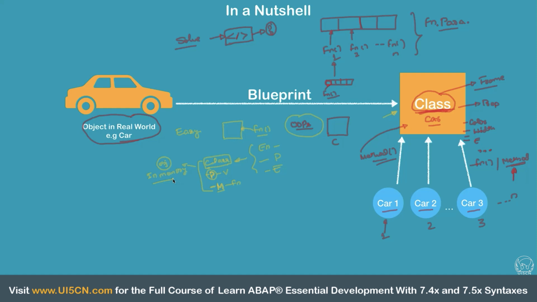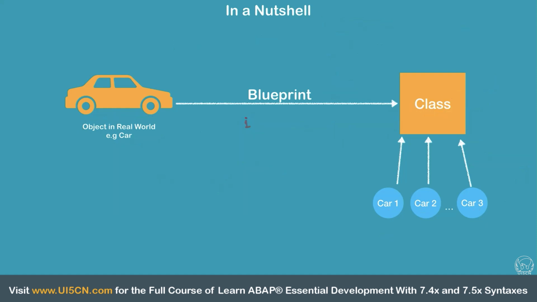Now, what is the benefit of object-oriented programming? One clear benefit we can see from this first slide itself is that when we map the requirement into the software world, it's much easier to identify what the different classes can be.